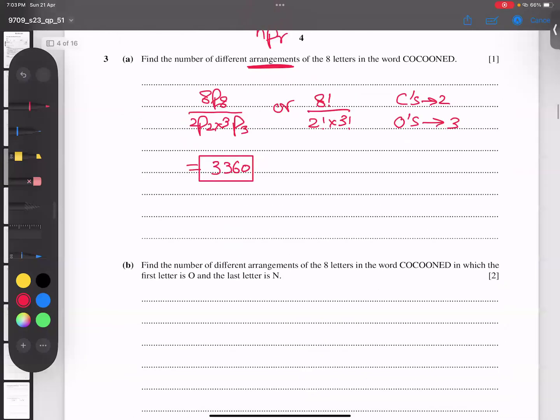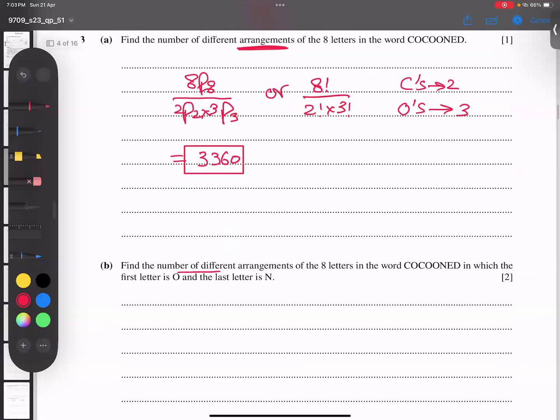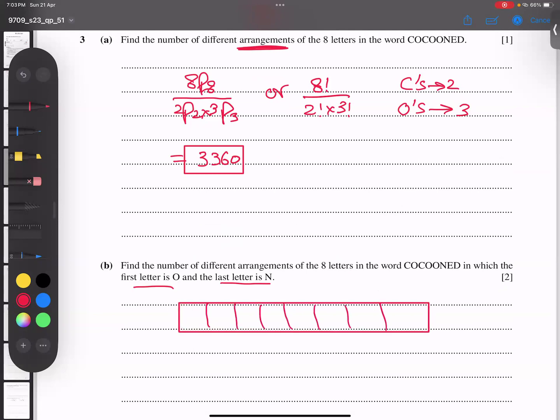Now, the same question's next part: the number of different arrangements of the 8 letters in the word cocooned in which the first letter is O and the last letter is N. This is an important situation, so I will make a box method, 1, 2, 3, 4, 5, 6, 7, 8 letters.